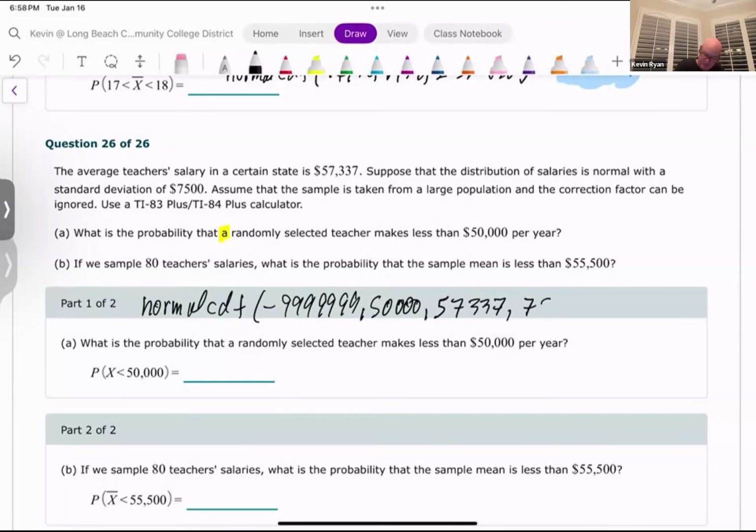And we don't do anything to this standard deviation because we're only dealing with a sample size of 1. So divided by root 1, which doesn't change anything.